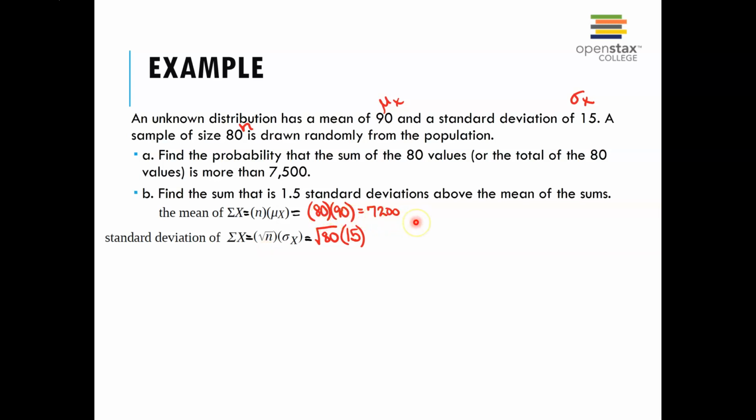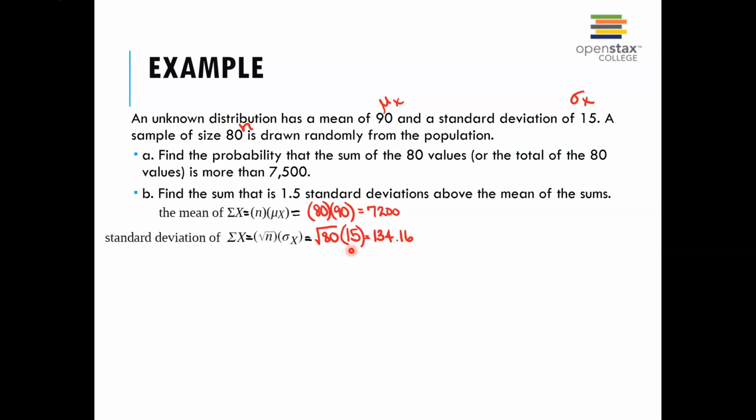We multiply those and get 7,200 for our mean of the sum. And then our standard deviation was the square root of n, and n was 80, times the standard deviation, which was 15. So the standard deviation of our sum is going to be 134.16. Those are the values that I want to use for calculating the sum of x.